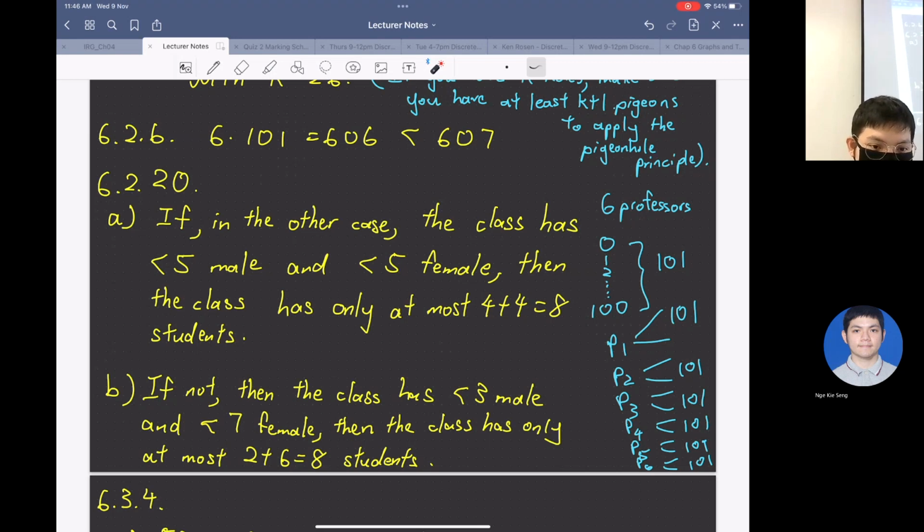So it's a contradiction. Another part: there must be at least 3 male students or at least 7 female students. If you have less than 3 and less than 7, which is 2 plus 6, that is also 8. So it's contradicting that we have 9 students.